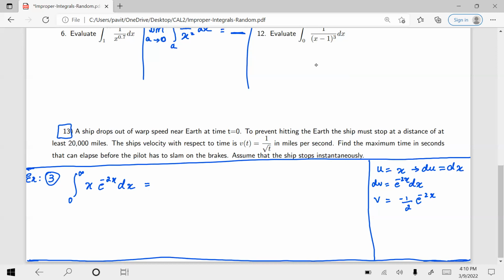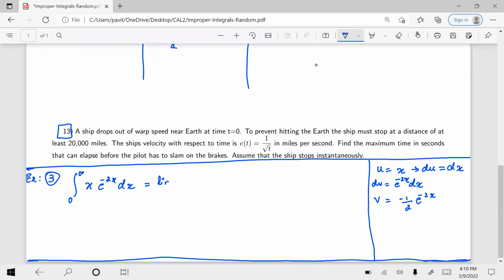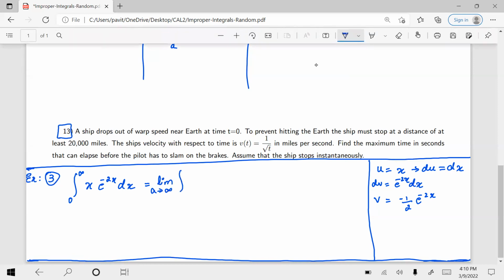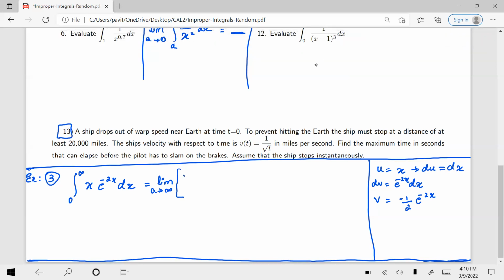Okay, now I'm going to use the integration by parts formula and apply it to the function. So limit a tends to infinity, unbounded, from 0 to a. Let me apply the formula directly here. U into v.